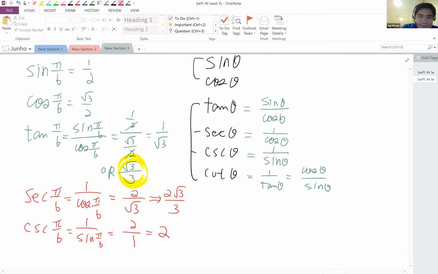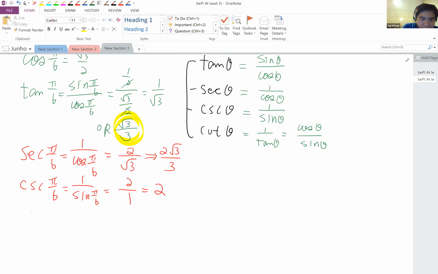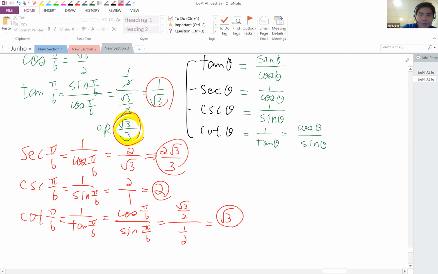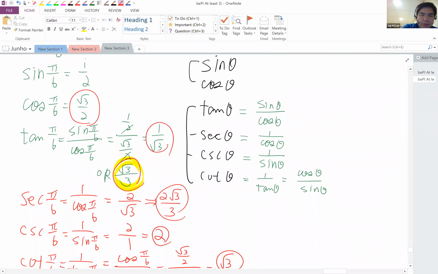And cotangent pi over 6, which means you can do 1 over tangent pi over 6, but it is much better to do cosine pi over 6 over sine pi over 6, which is root 3 over 2 over 1 over 2. Therefore, root 3 should be the answer. Okay? So, make sense to you?